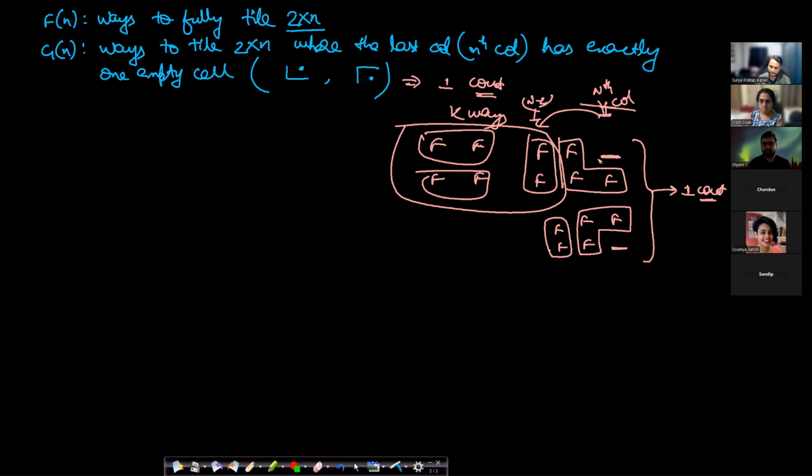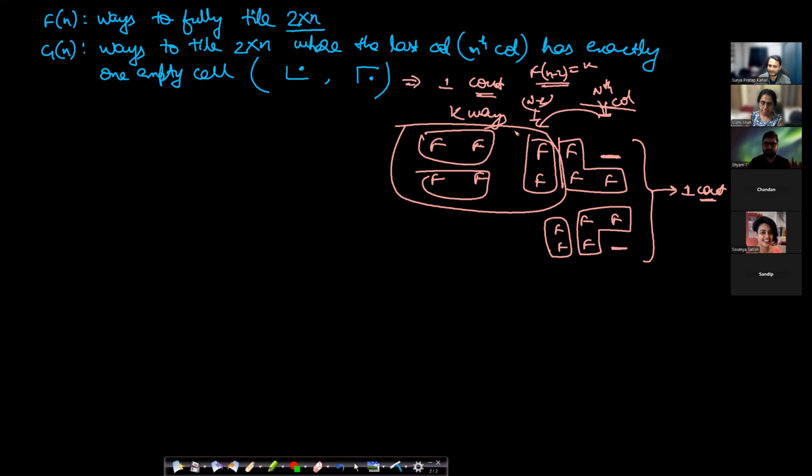So you see that if this was f of n minus 2, let's say f of n minus 2 equals k. There are k ways to tile this entirely using the domino and Tromino combination, whatever it is. F of n is the ways to fully tile up to n. It never said fully tile using only domino or only Tromino.